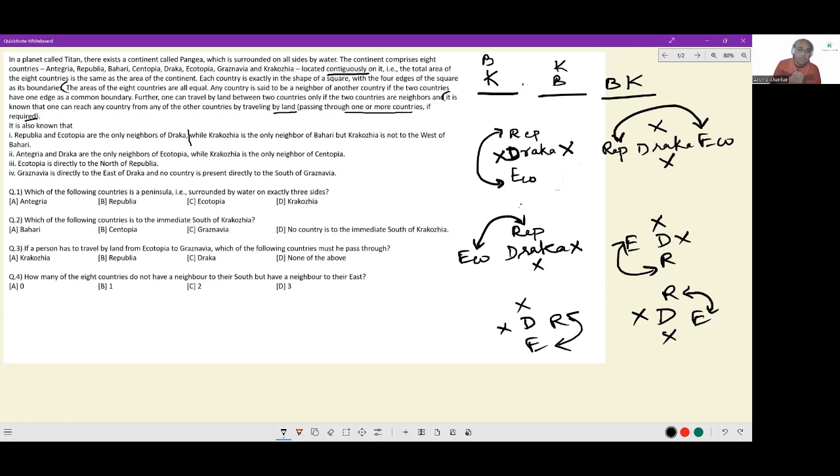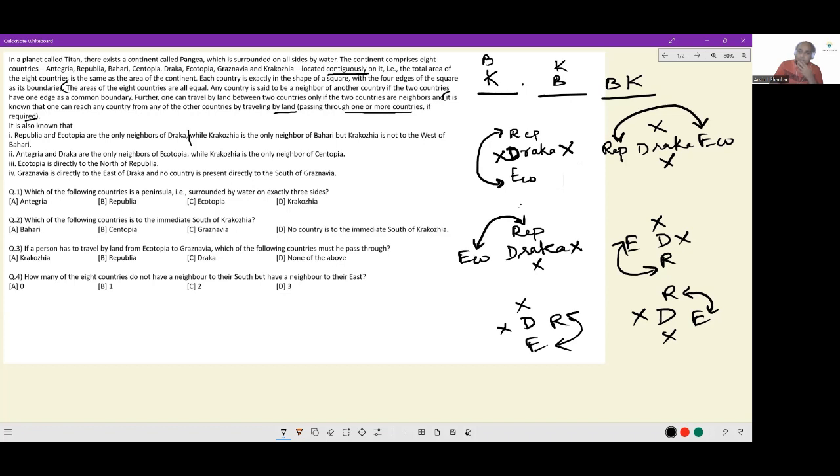Again, we are getting multiple cases. At this time, you should be concerned. How are we getting so many cases? Then let's look at it. Antigeria and Draca are the only neighbors of Ecotopia, while Krakozia is the only neighbor of Centopia. This is again very similar to these lines. The only thing that has changed is Antigeria and Draca are the only neighbors of Ecotopia.